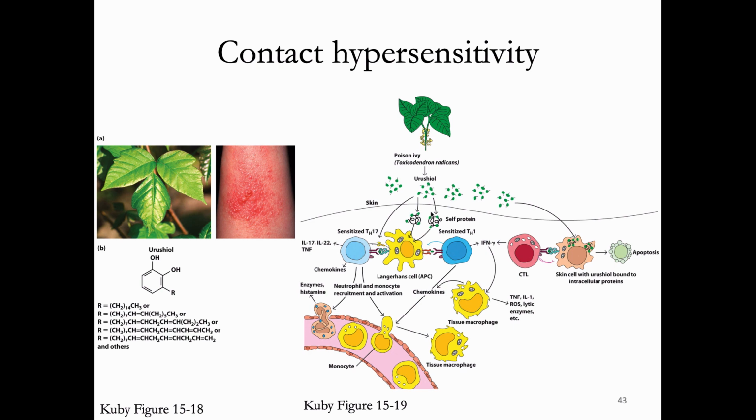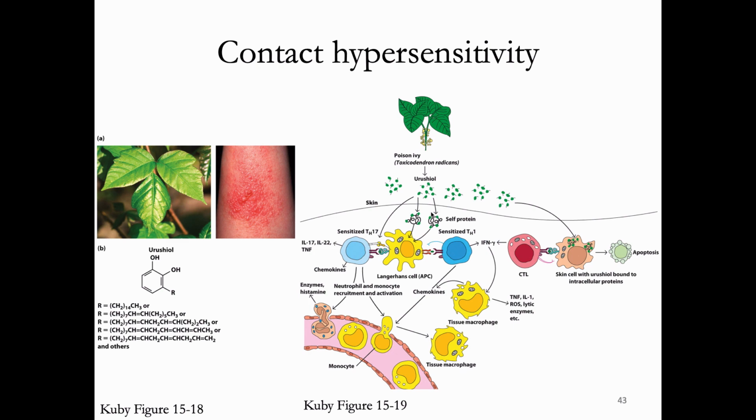When you're exposed to that compound, it goes in and reacts with a self-protein, modifying that self-protein. So your self-protein is now different than it normally was. See, it has green dots on it. As a result, this is now a novel antigen that your immune system has never seen before.